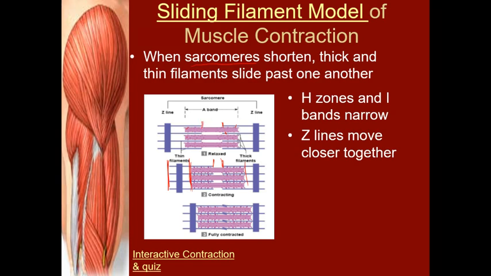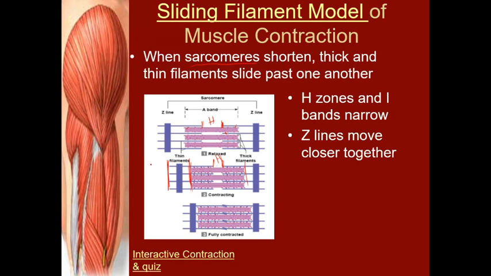The H zone is right here to here. So this is the H zone. The H zone is also going to get smaller. The length of the fibers never change. It's spaces that change. I band gets smaller. H zone gets smaller, and that's about it. And then you have a fully contracted muscle here, okay?